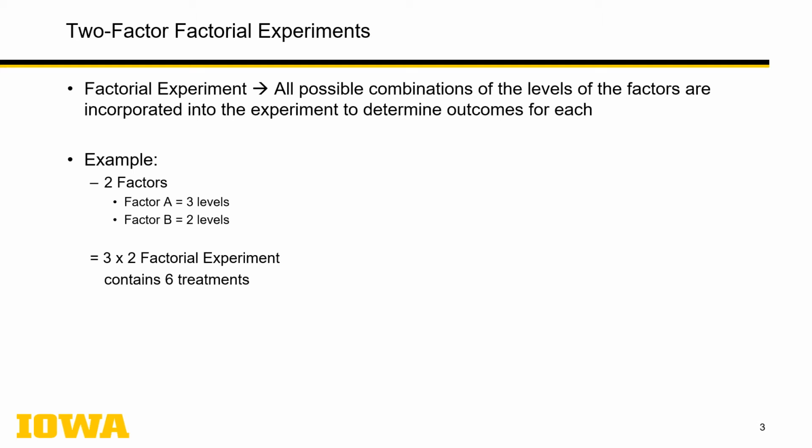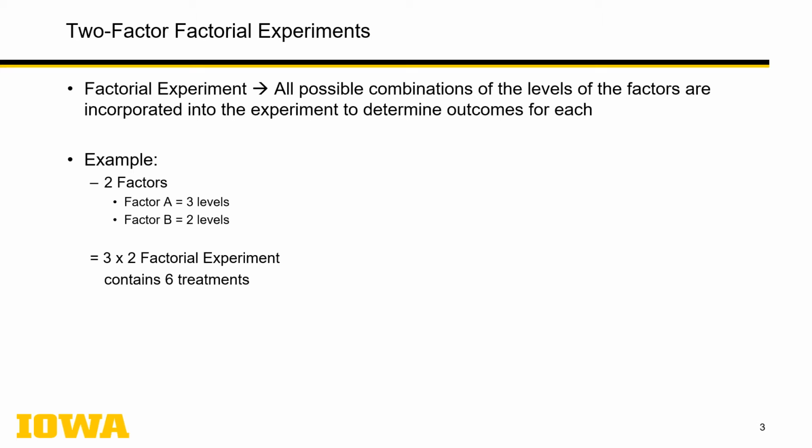So for example, we have two factors, and this is what was discussed in the previous module. We had cutting speed and mortar type, and there were three levels, for example, for this factor A and two levels for a factor B. And of course, we just do simple multiplication of 3 times 2 to understand that there will be 6 different treatment combinations that we'll have to keep track of and ensure that we have observations from each one of these treatments.